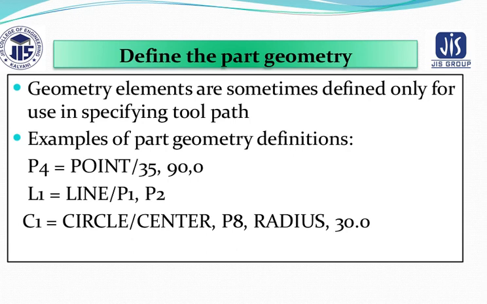Initially it consists of general information which is used to identify the part, such as part number, and diameter of the cutter tool, with CUTTER, then slash, you are going to give the diameter value, that is 0.9 or 0.8, whatever may be the value you are going to provide.